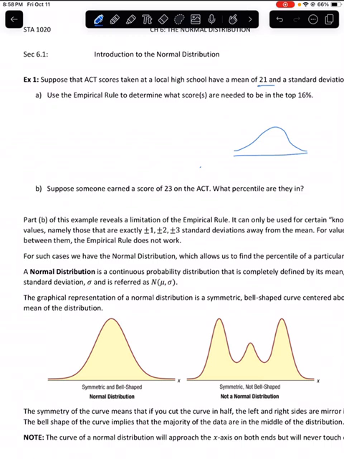if we are within one standard deviation of the mean, so this is mu minus sigma to mu plus sigma, we said 68% of the data is in here.